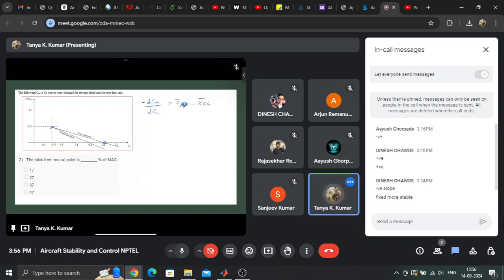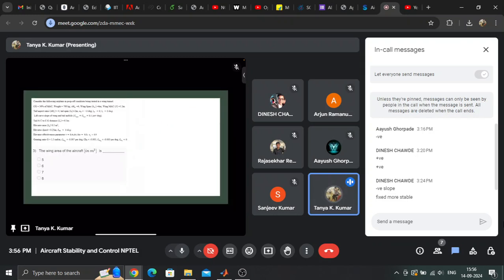And this will be the stick free case. So yeah, it comes to 0.37, so it's 37% of mean aerodynamic chord. Okay.